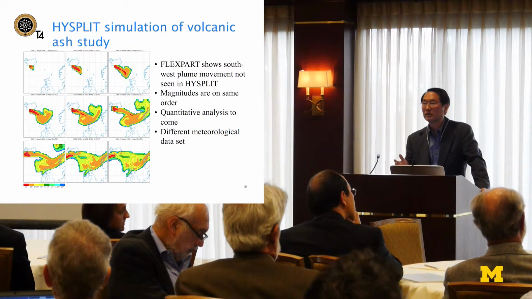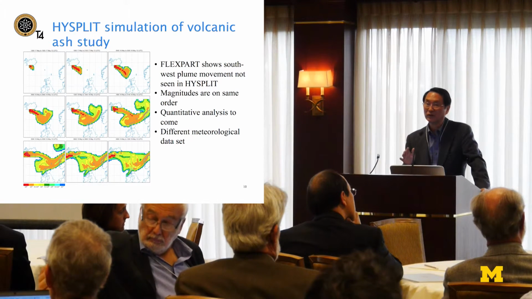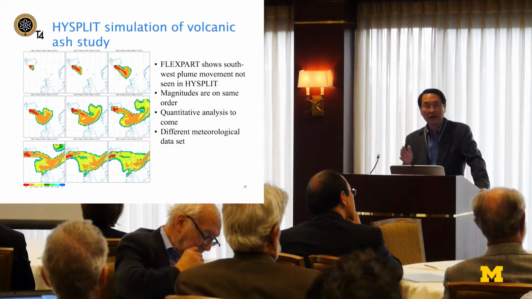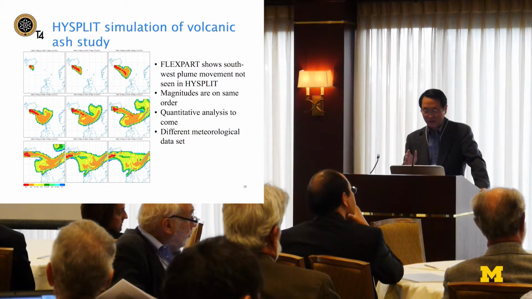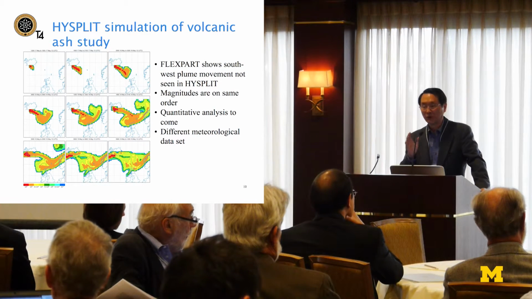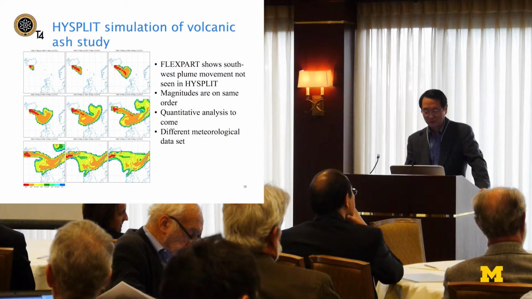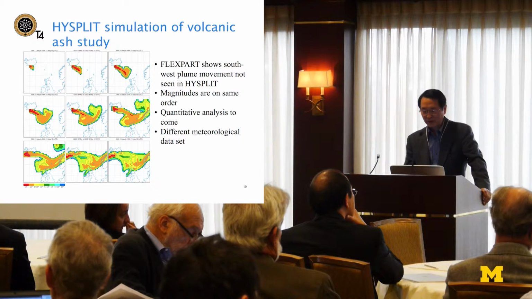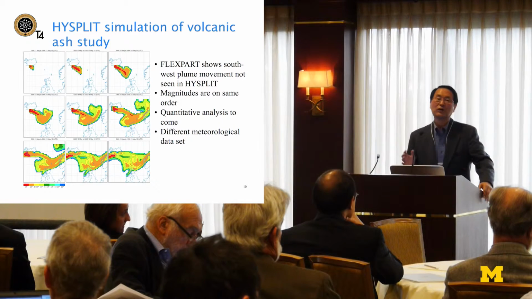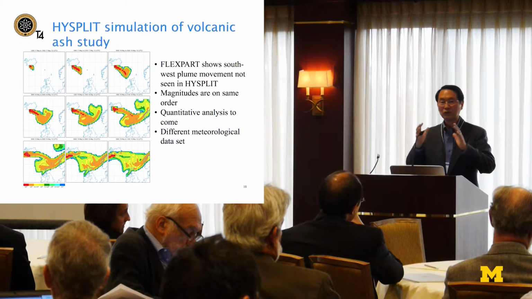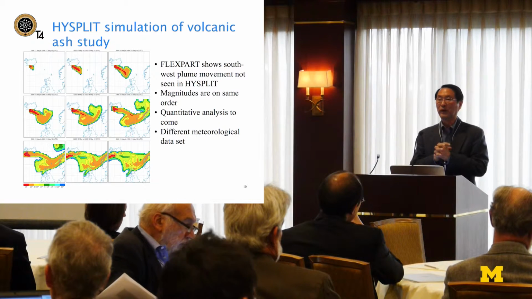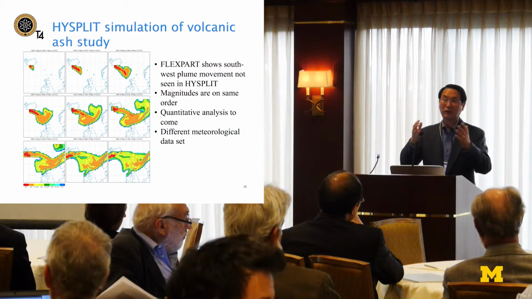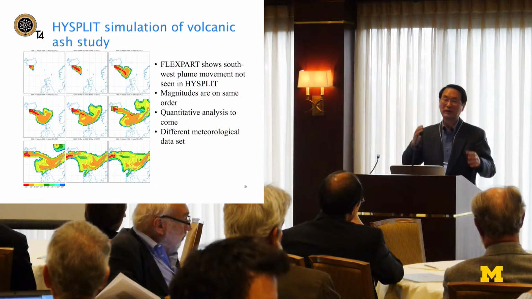And HYSPLIT is another code that PNNL uses. We made an initial stab at benchmarking with the same volcanic data, but we more or less ran out of time, so we will have to look at it a little bit more. And possibly, both of these codes require a huge amount of computer storage space, approaching terabytes and things like that.